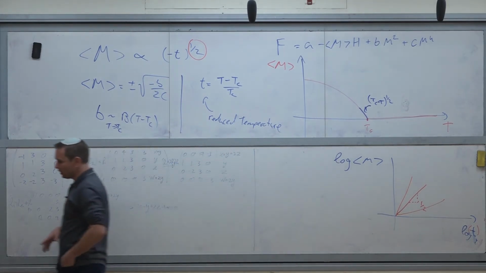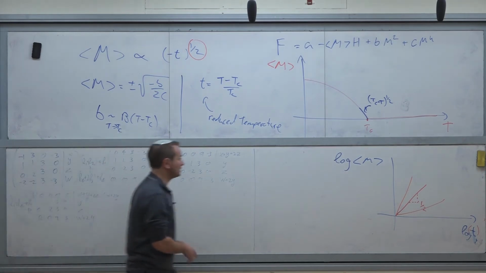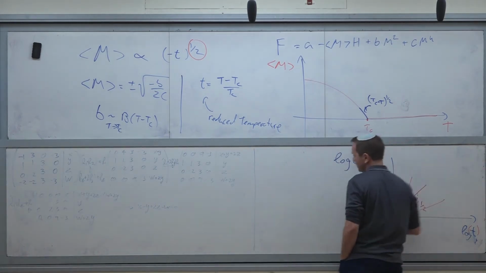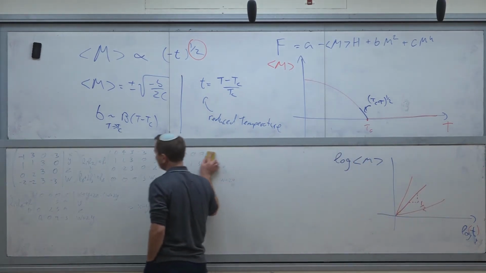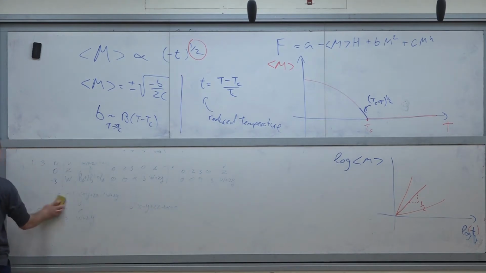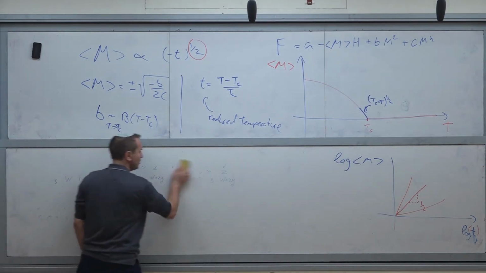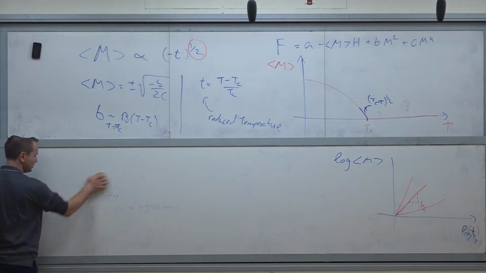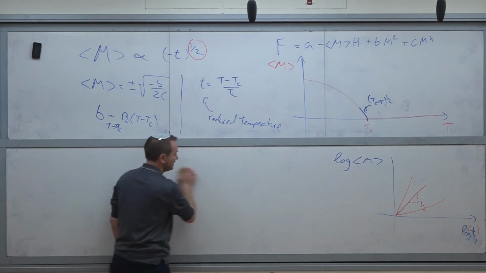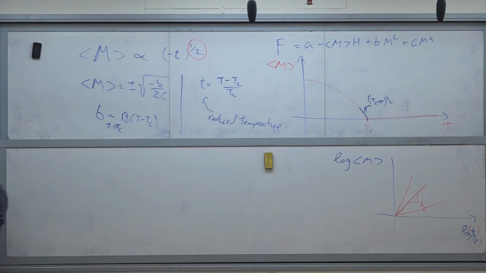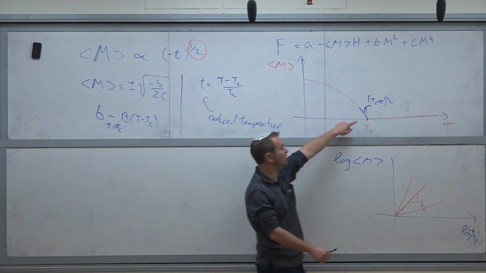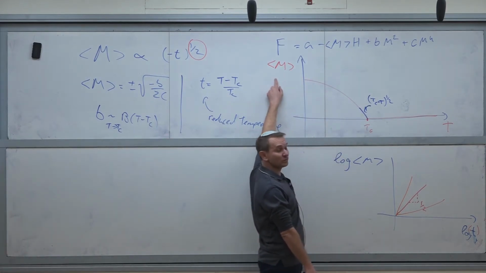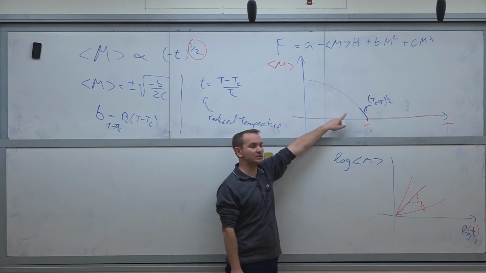Okay, so what are the other critical exponents? Well, there are actually a huge number of them. The most interesting are the ones that we are going to discuss. First of all, what we see here is the behavior of the order parameter near the critical point when there is no external field.